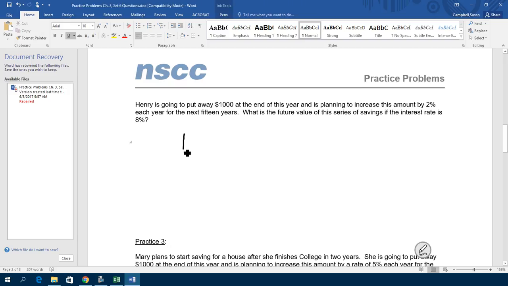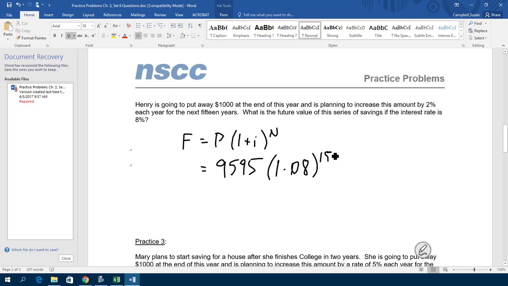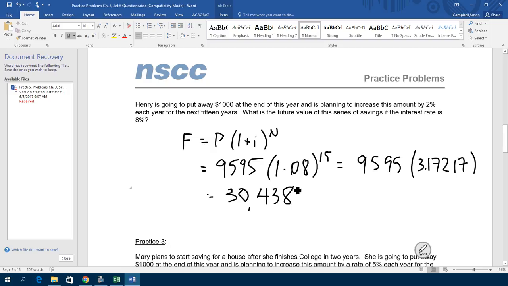We're just going to convert F from P. So we had 9595 multiplied by 1.08 to the 15, and that gives us $30,438. That's the future value in year 15.